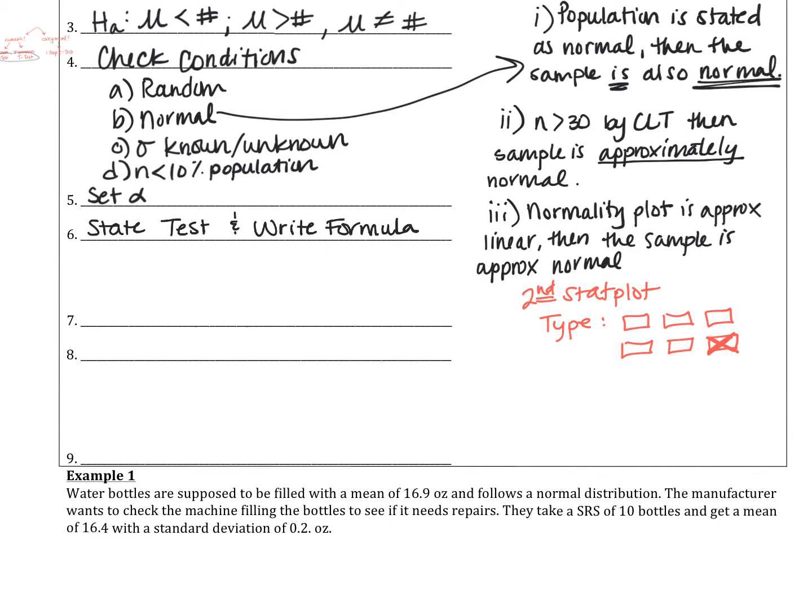All right, if sigma's known, then we're running a z-test. And our formula is just the z formula, except we're going to be using the sample mean as the x bar, sigma over root n.